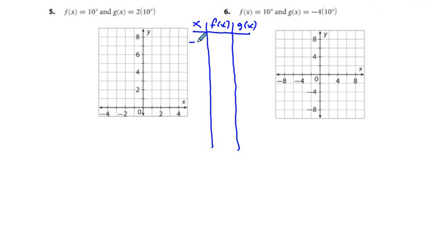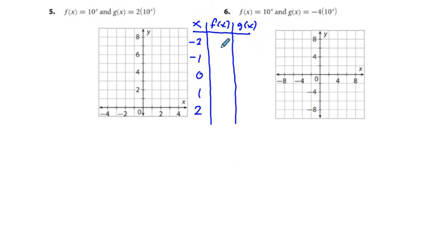So I'm going to use input values starting with -2 and then -1 and then 0 and 1 and 2. So we're going to have fewer points to deal with here.